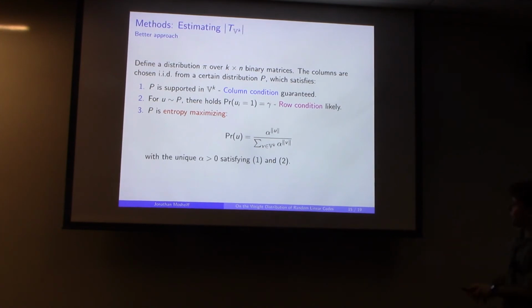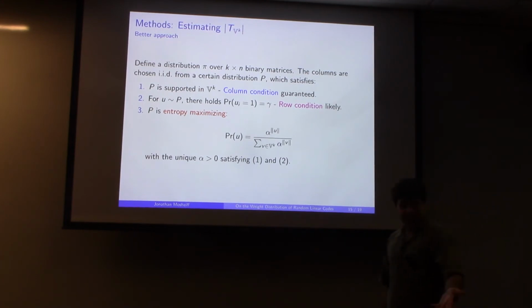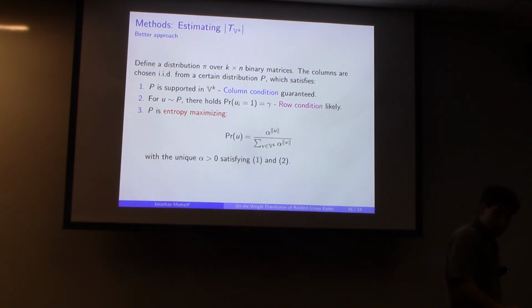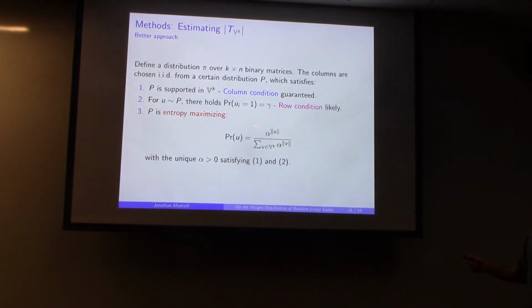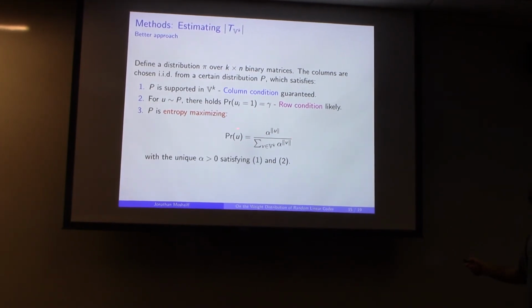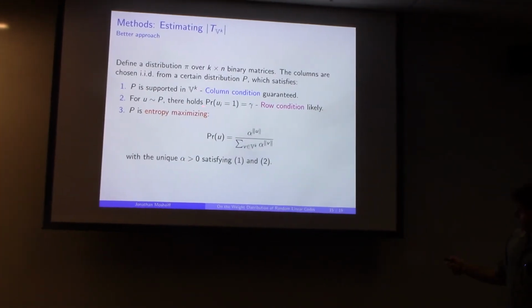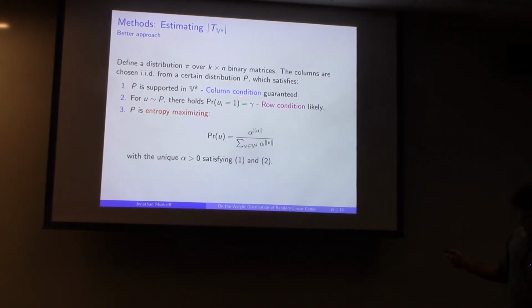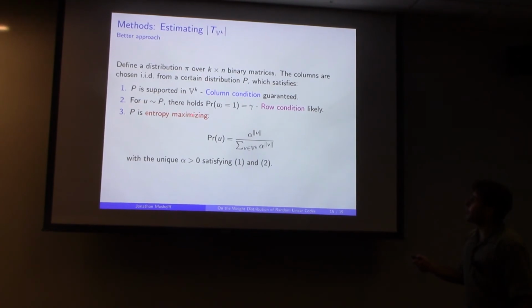These are exactly the type of conditions that we have in 2 here. And then it is known that there is a unique distribution which is of this form for some alpha. And there's a unique alpha for which, if you define this distribution like this, you're going to get a solution for your equations here in 2.